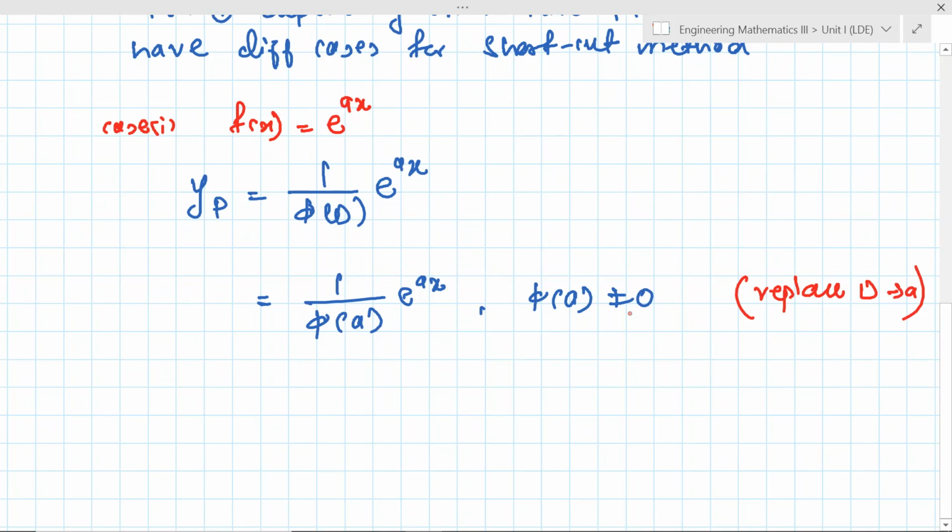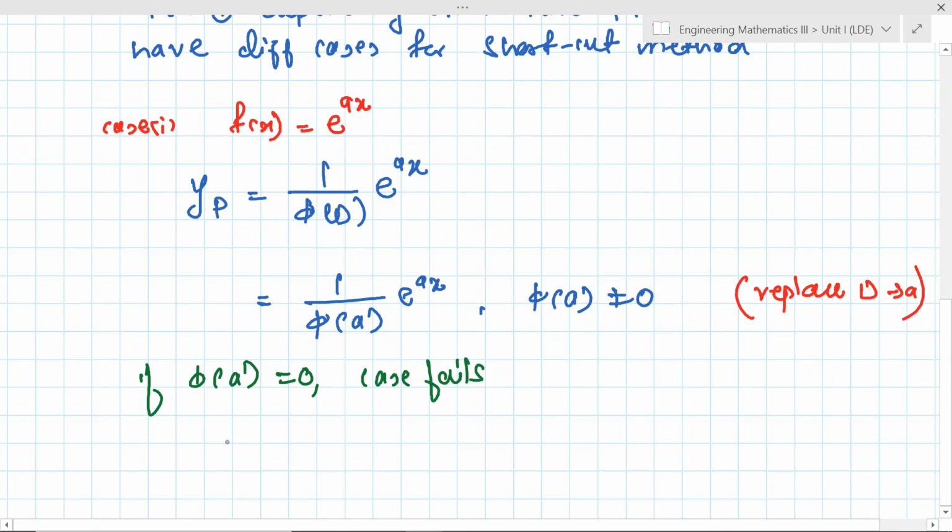But in some cases phi of a may be 0. If phi of a is equal to 0, then the case fails, and in that case, what is my yp? Multiply by x, take the derivative of phi of D: phi dash of D into e raised to ax, and now replace D by a.